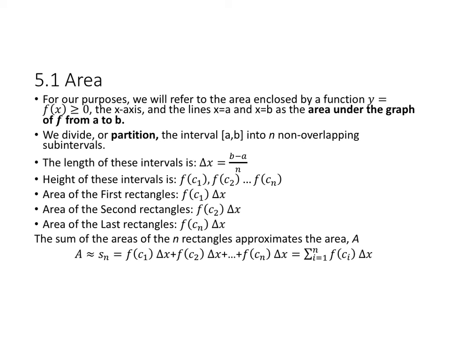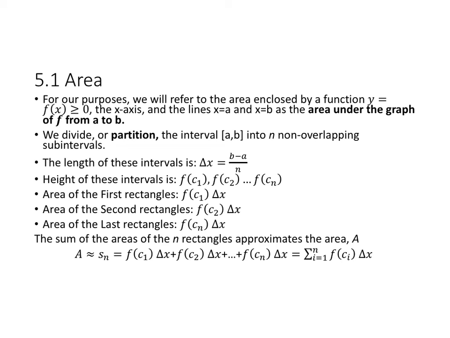We divide or partition the interval a to b into non-overlapping subintervals. So the first interval we did went all the way from 2 to 4, and the next intervals were from 2 to 3, 3 to 4, and then the final interval that we talked about was from 2 to 2.5, 2.5 to 3, 3 to 3.5, 3.5 to 4. Those are our partitions.